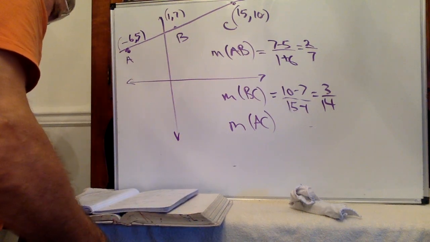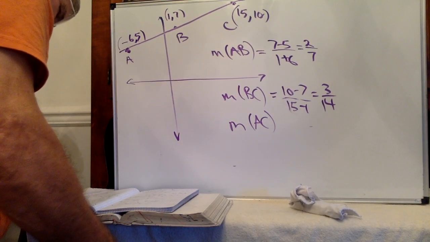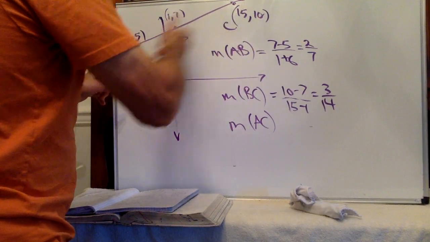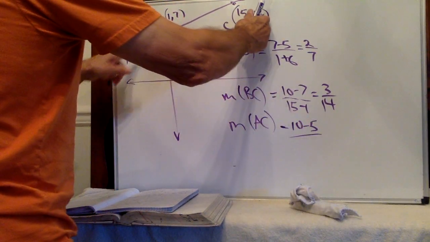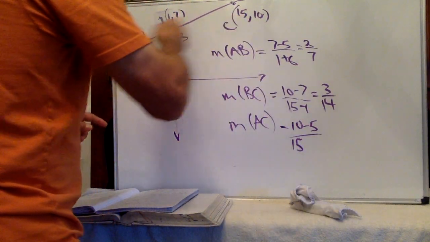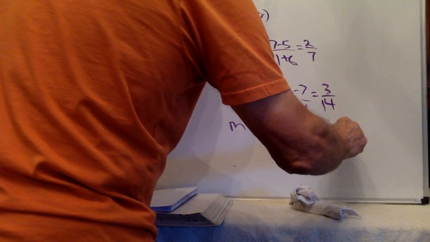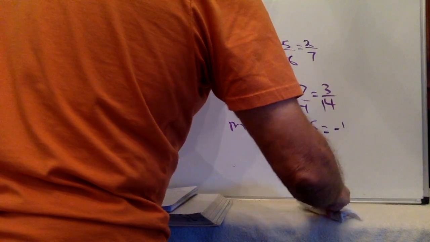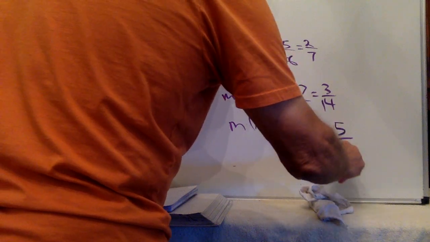And let's just pick out the third pair, AC. Let's see if that's the same. 10 minus 5 over 15 minus negative 6, or plus 6. 10 minus 5 is 5. 15 plus 6 is 21.